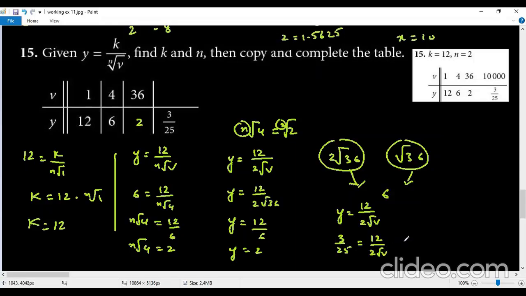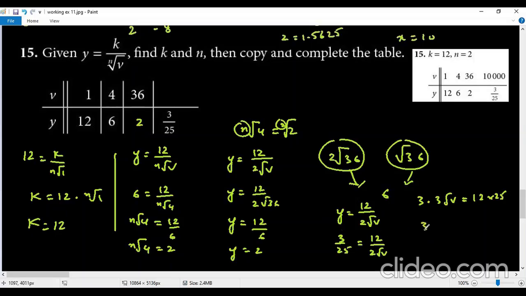Now we know very well that 3 is going to be multiplied by 2 radical v equals 25 times 12. 12 times 25 is going to give us 300.